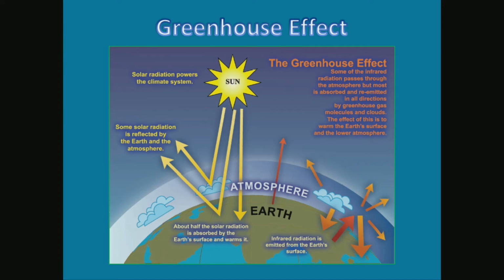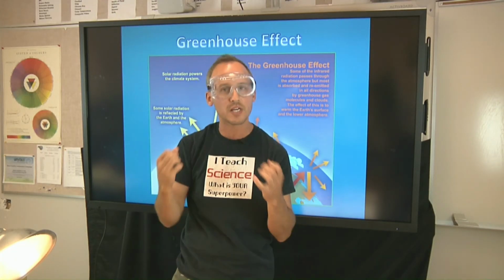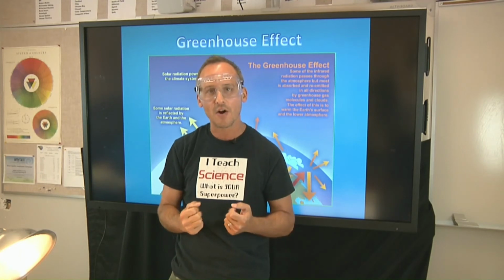Okay, so as you think about the lab activity we just did, greenhouse in a beaker, there was a bunch of carbon dioxide. The carbon dioxide heated up the atmosphere. Well, think about this. If we have a bunch of carbon dioxide in the atmosphere, what's going to happen with all that heat that's reflected? Is it going to reflect into space, or is it going to be stuck in our atmosphere?